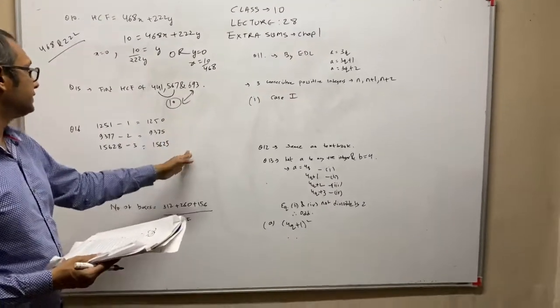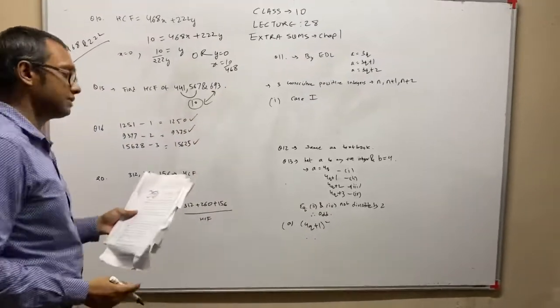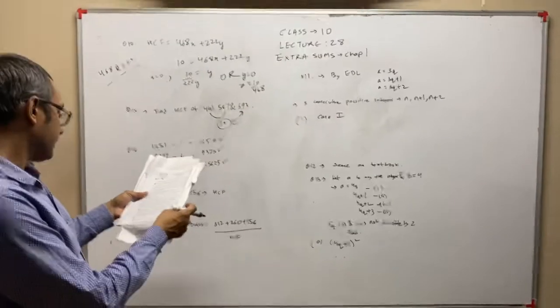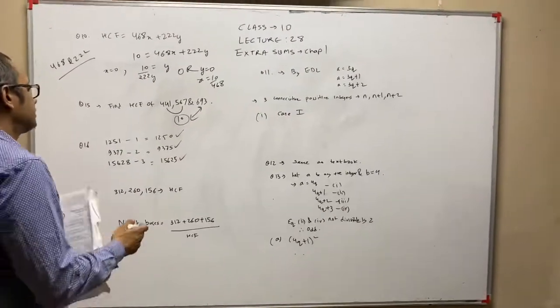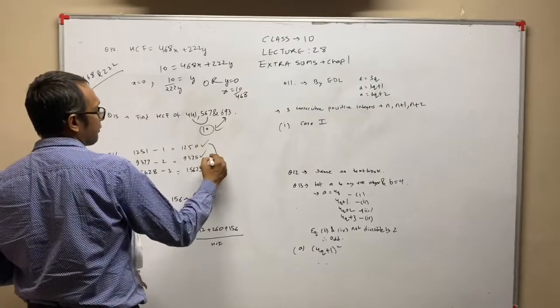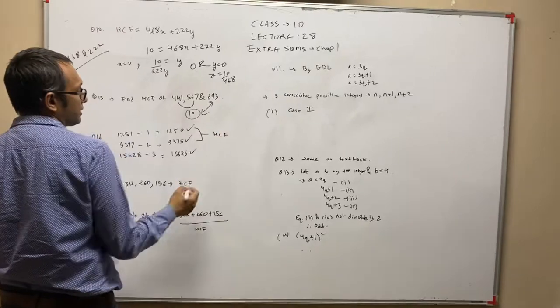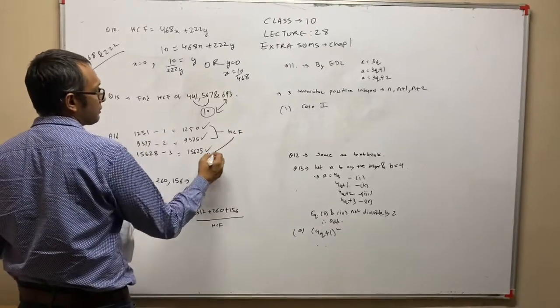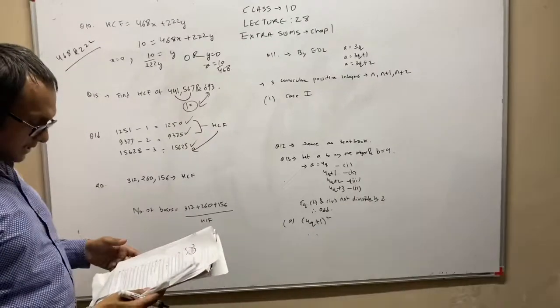Now you will get these as 1250, 9375 and 15625. Now you have to find the largest number which divides all three. So basically you have to find HCF. First you can find HCF of 1250 and 9375, and then whatever HCF you get, you find HCF with 15625 also. This was question number 16.